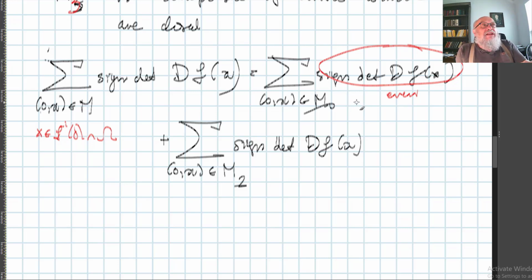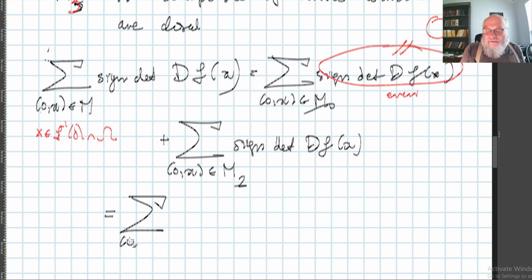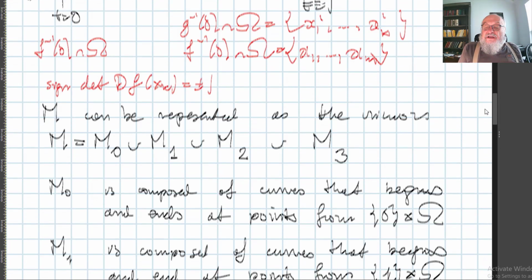That means beginning point and end point put in pairs, giving us values +1, -1, and that means this value must be equal to 0. So actually we are getting that this is equal to 0, x belongs to M0, and this is signum determinant of df of x.